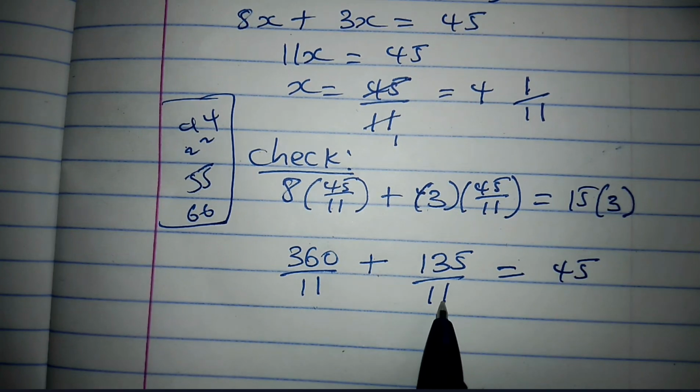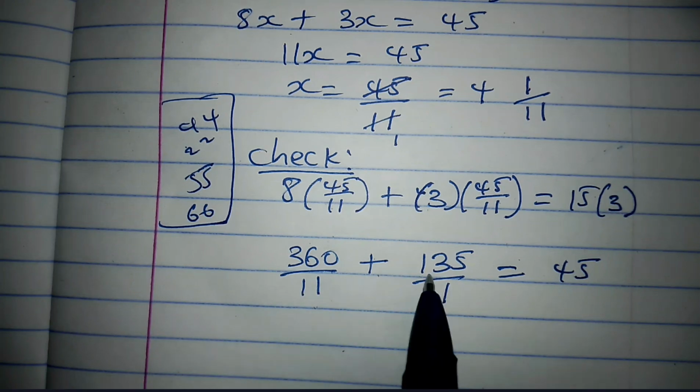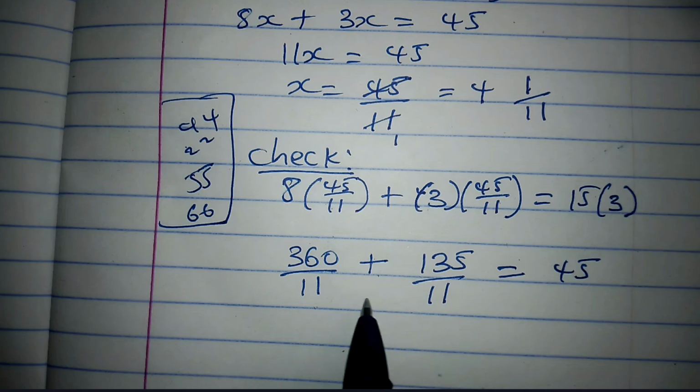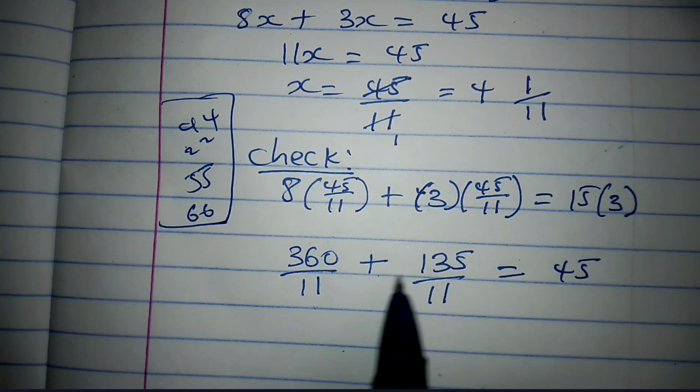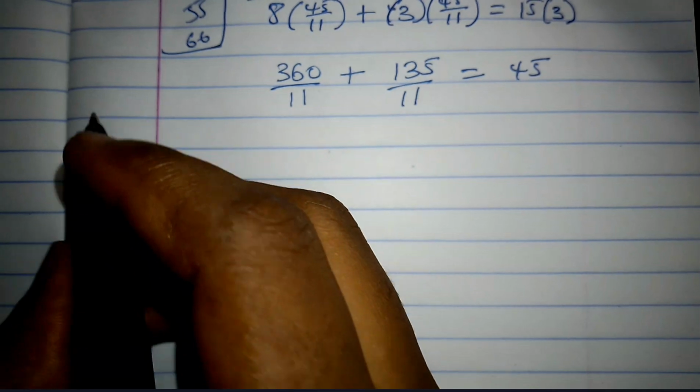So adding this together, one thing in fractions is if both denominators are the same, that is, they are like terms. When it comes to fractions, like terms is when the denominators are the same. So if both denominators are the same, then we can just add up the numerators and pick one of the denominators. So what do I mean by that?